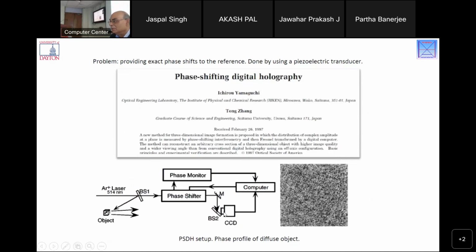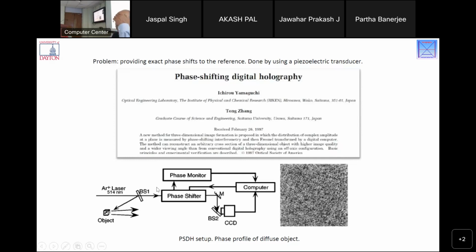It doesn't matter, because anyways, you're going to use that complex number to backpropagate. When you backpropagate and then you get the complex field at the object plane, that's where you need to do the unwrapping of the phase. Does that make sense? So there is no need to unwrap over here. The unwrapping needs to be done after backpropagation.